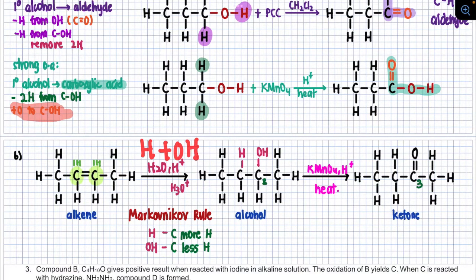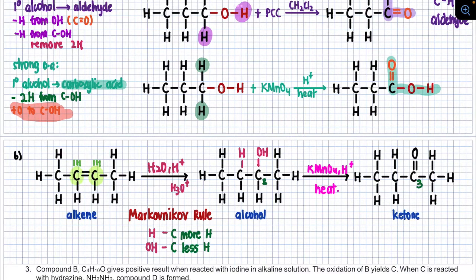For this electrophilic addition, we follow Markovnikov's rule, where we add H and OH. Remember this: H loves H. H will be added to the carbon with more H, and OH will be added to the carbon with less H. Looking at our carbon-carbon double bond, on this carbon we have 1 hydrogen, and this carbon also has 1 hydrogen. So it is the same, and we don't need to take this into consideration.